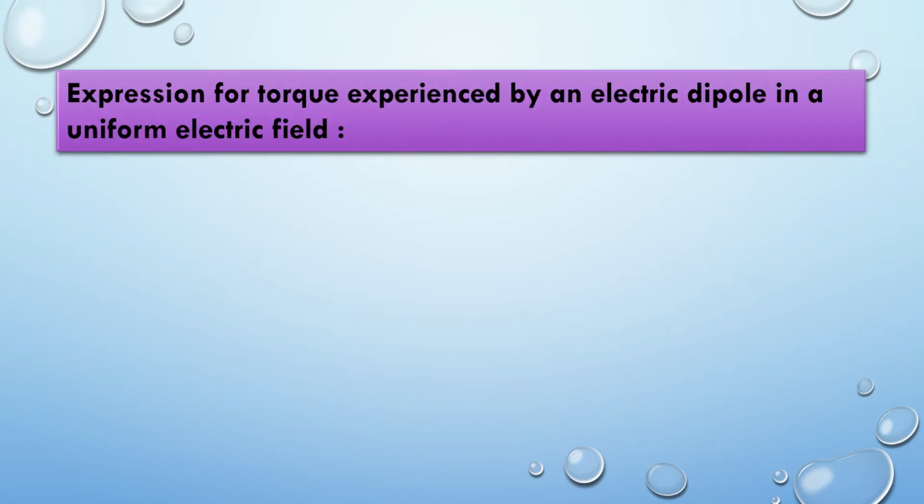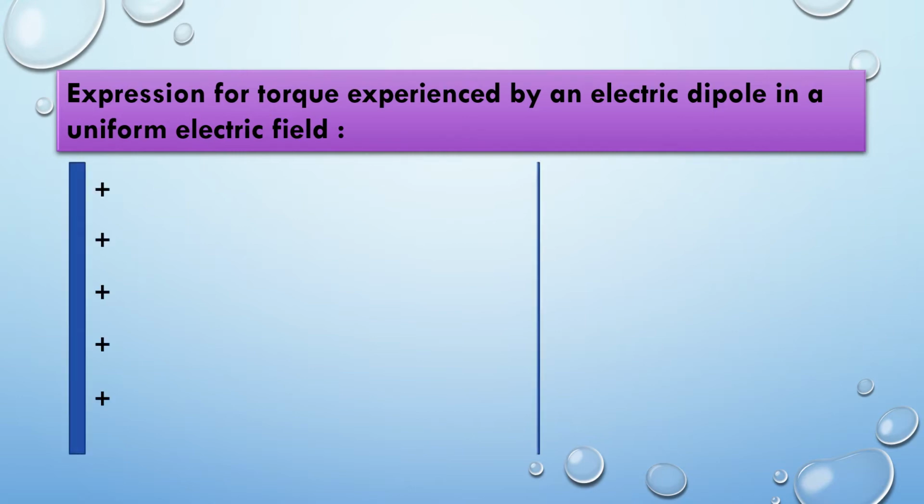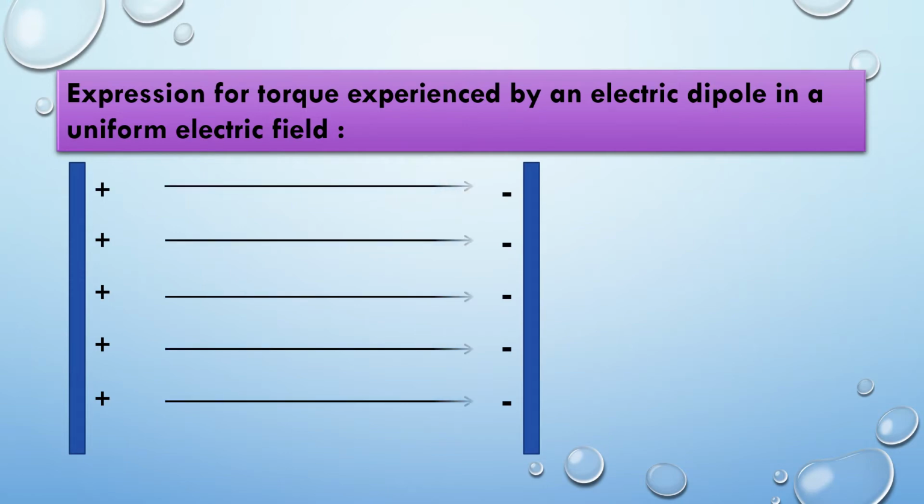So to find the expression for torque experienced by an electric dipole when placed in a uniform electric field, we know that the electric field tends to move from the positive charge towards the negative charge. Therefore, I'm going to consider a positive charge at point A, and at point B I'm going to consider a negative charge. As we know, an electric dipole consists of two equal and opposite charges.